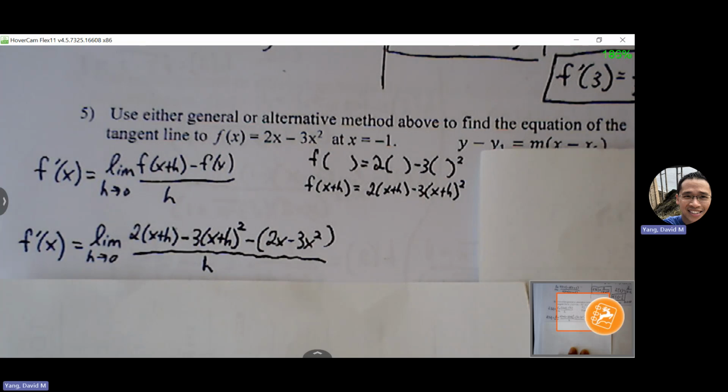Make sure you don't forget about your f prime, limit, h approaching zero notation, and also the fact that we're dividing by h. I know most of our work is trying to get that numerator set up, but the rest of it is still part of our problem, right? And part of our notation.